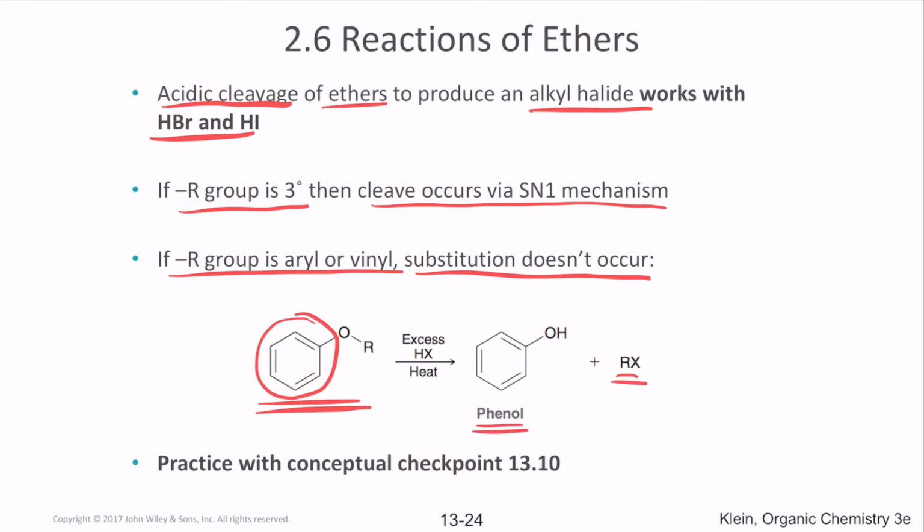There is no second cleavage, so it does not undergo further alkyl halide formation. It stops right there. Aryl or vinyl compounds with a double bond, or a double bonded cyclic structure, do not undergo substitution reaction.